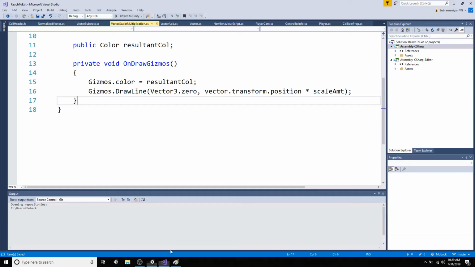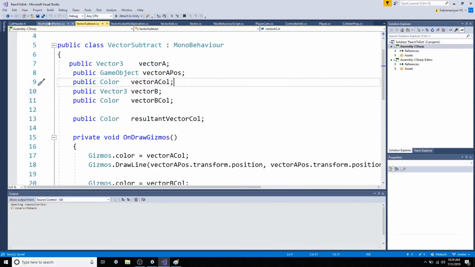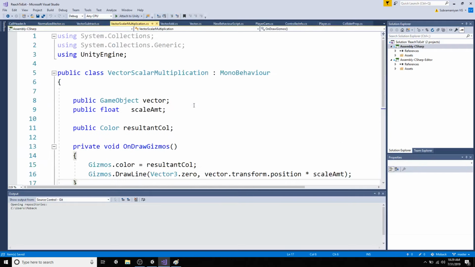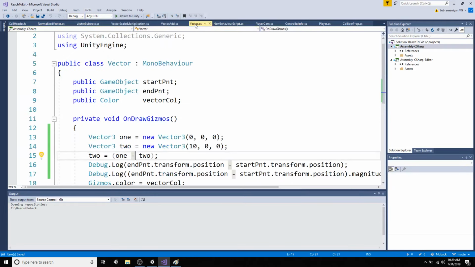So whenever you want to scale one vector with a scalar, all you have to do is, okay, so we have a vector 1. If you multiply a vector 1 that is 0 with anything, it will be 0, so make it 1 here.